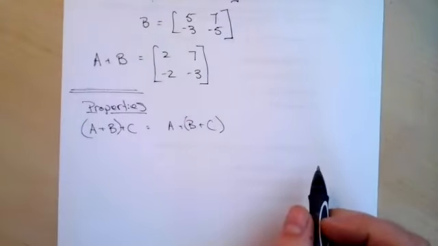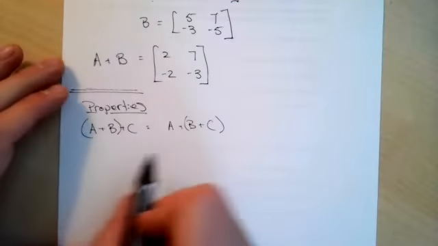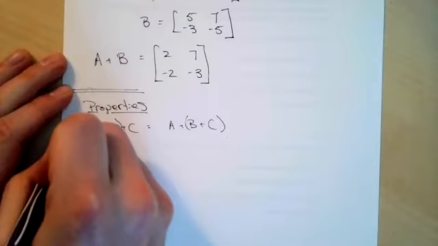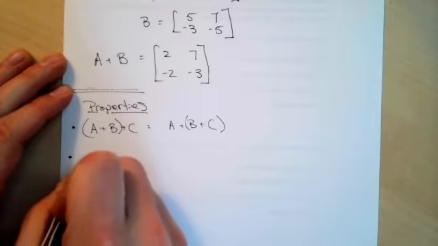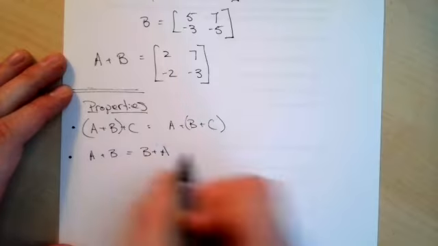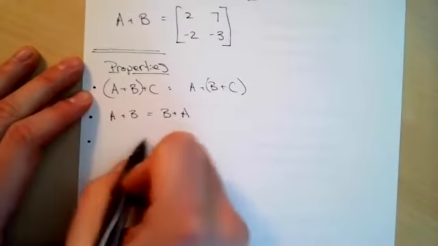Likewise, we're going to have commutativity of scalar multiplication. We've got our distributive law.